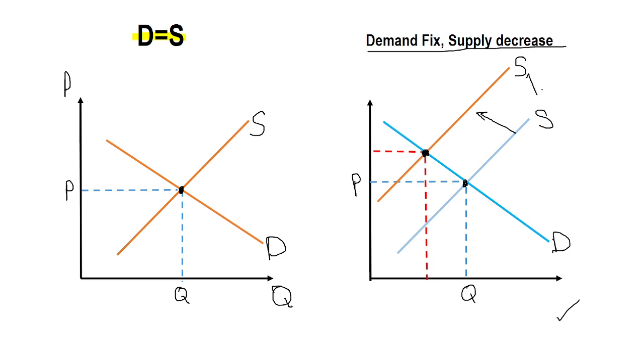The new supply curve S1 meets the original demand curve. So here we have the new quantity at the new equilibrium point, and here we have the new price at the new equilibrium point. This is the way that we can show the change of supply for this question. Thank you for your attention.